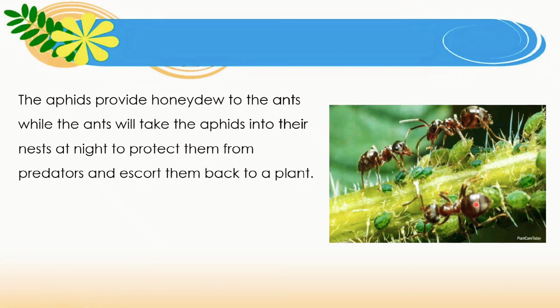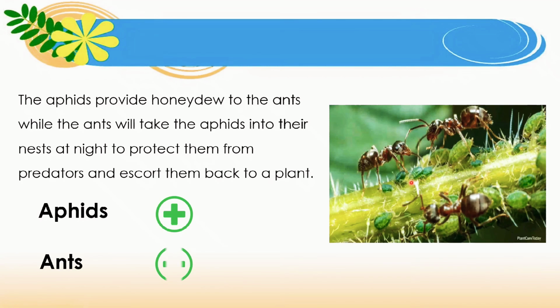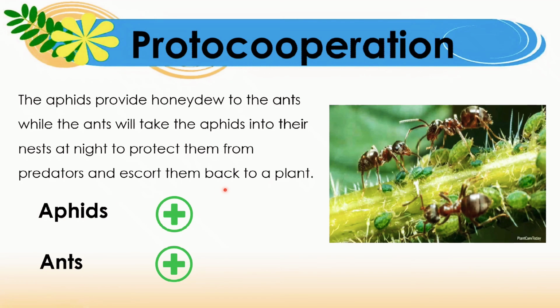So the aphids can get benefit from the ants, it provides protection, and the ants also get food from the aphids. So they have a proto-cooperation relationship. They are cooperating, right? Cooperation.